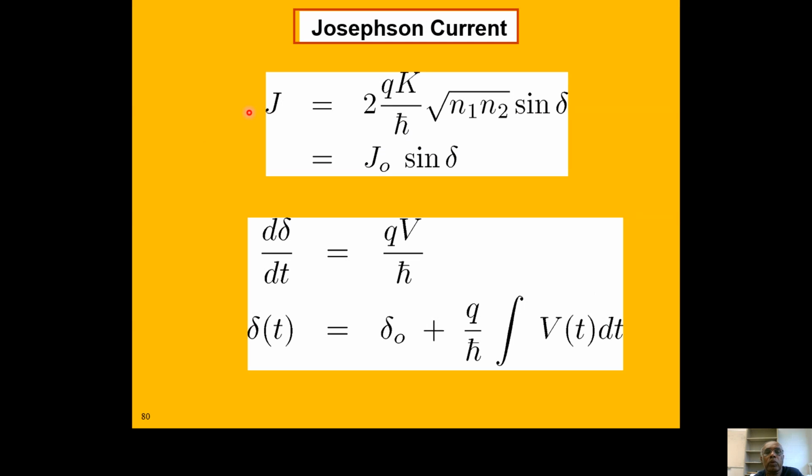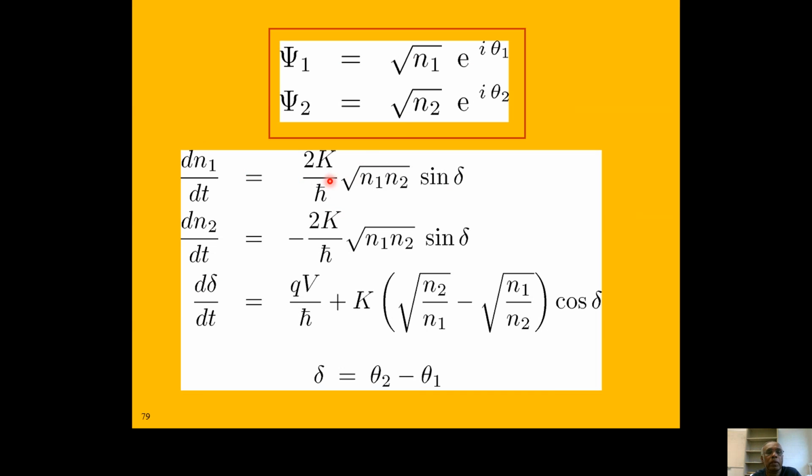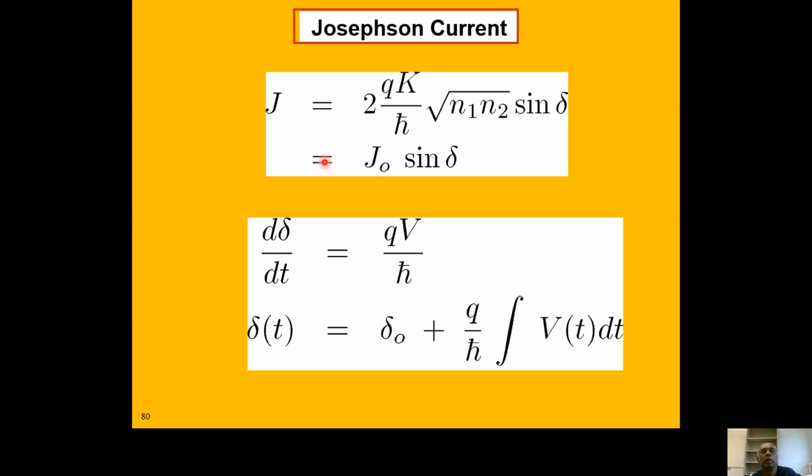Then you can calculate your J just by multiplying by Q. Because this one is basically N, there's no charge term here, so you have to multiply by the charge term Q. So you get the Josephson current this way.